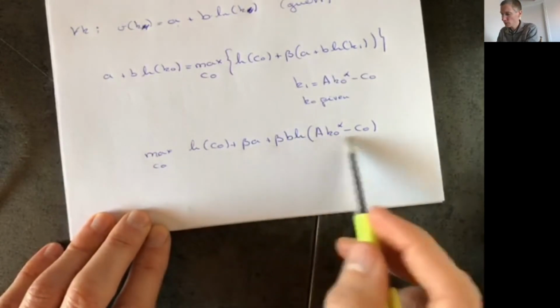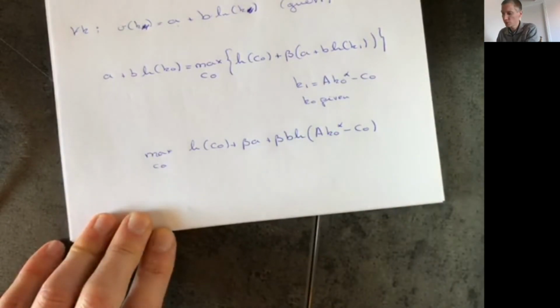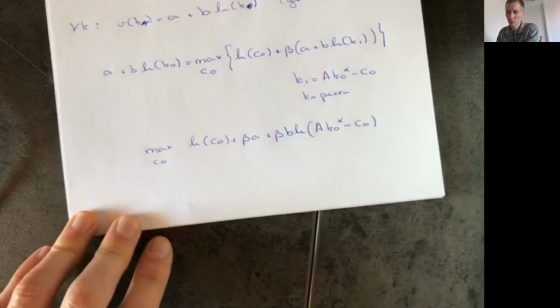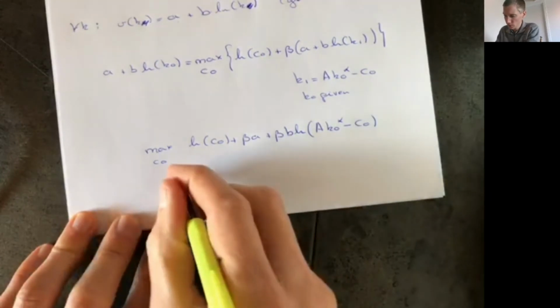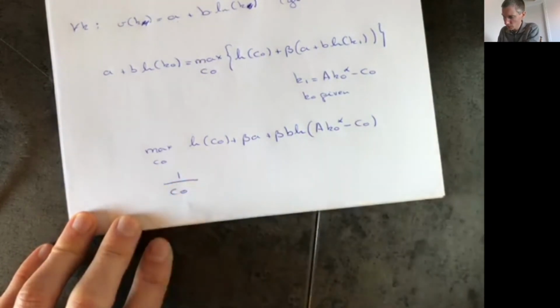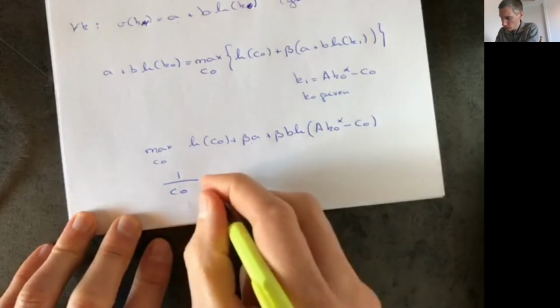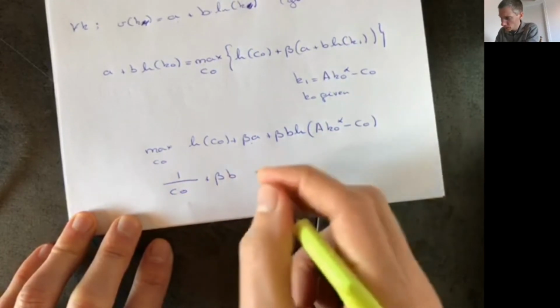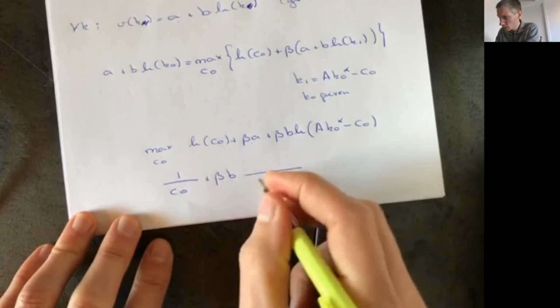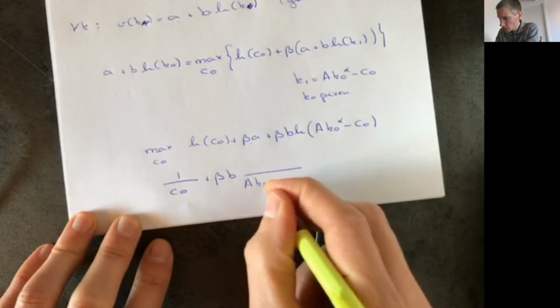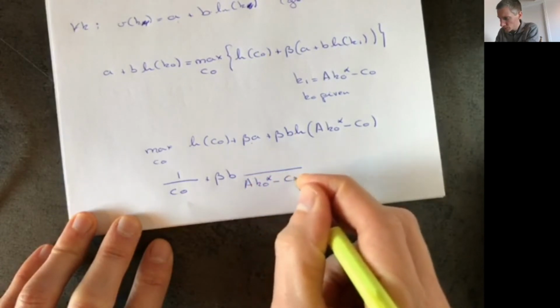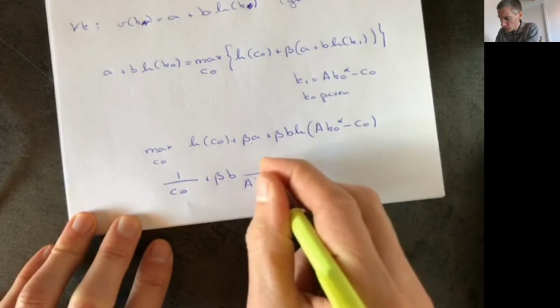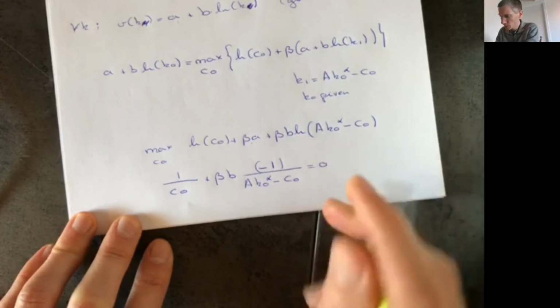I have a simple maximization problem with respect to c0, so I use first order conditions. I have 1 over c0 plus beta b, and then 1 over (a k0 to the power alpha minus c0) times minus 1 is equal to 0.